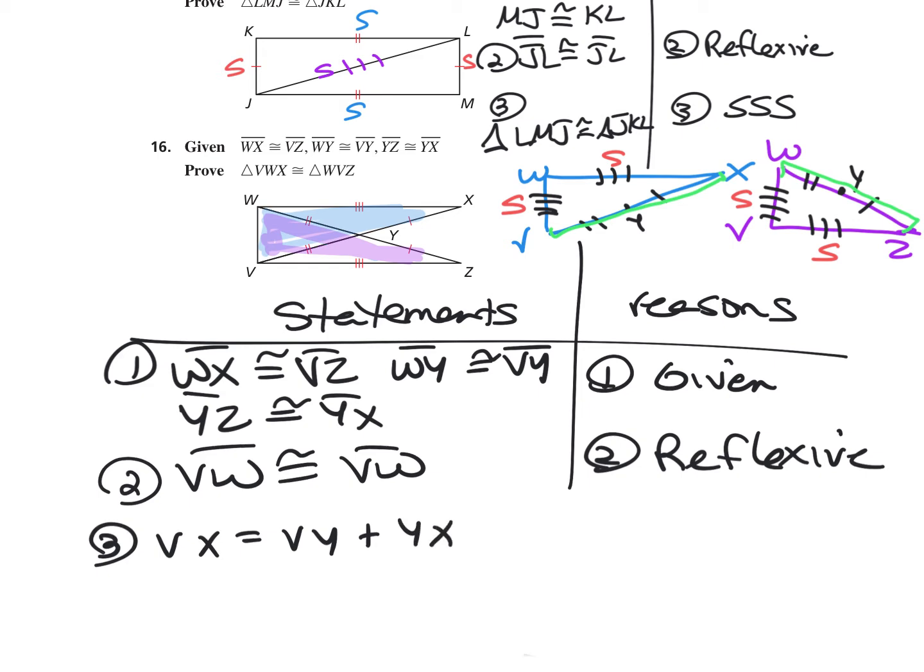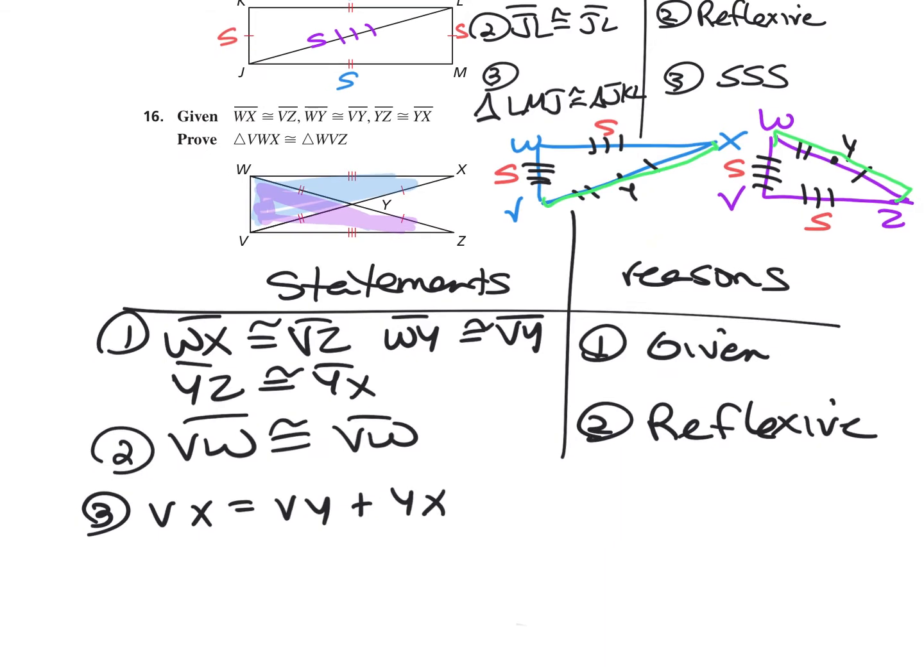And then the other one, the WZ, is made up of adding the little piece of WY plus YZ. And this is segment addition postulate. I would be familiar with this postulate. You may need it for maybe the other proof.